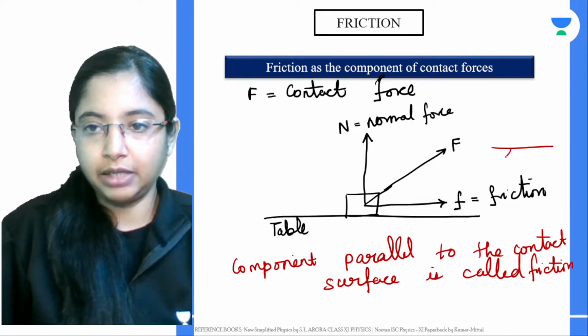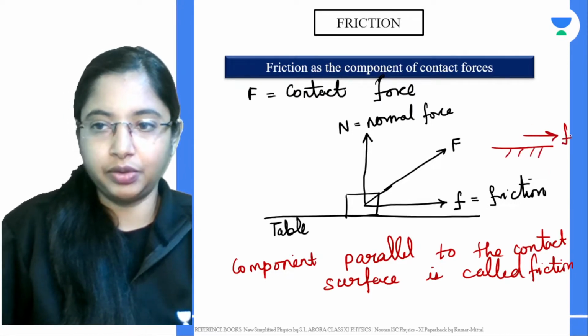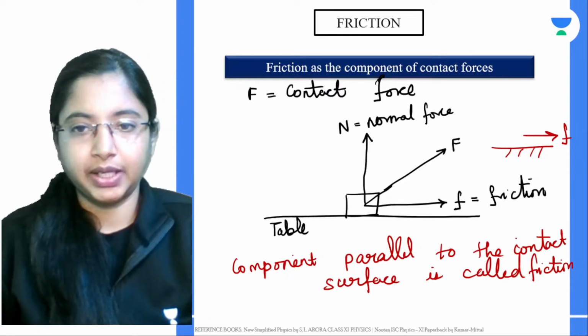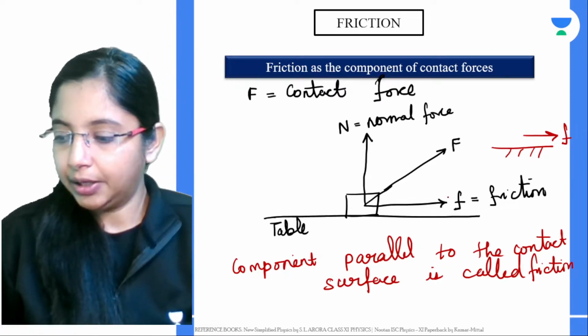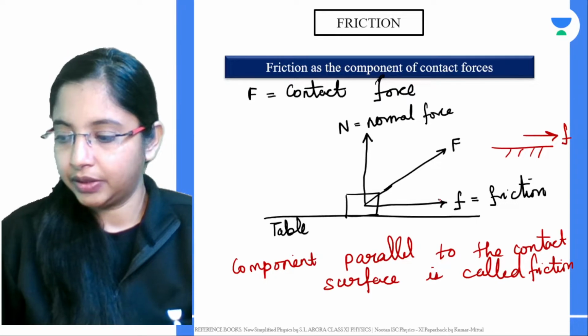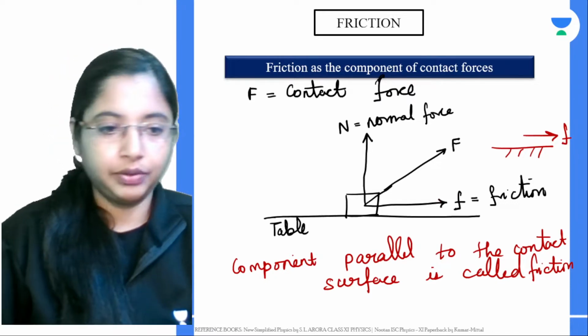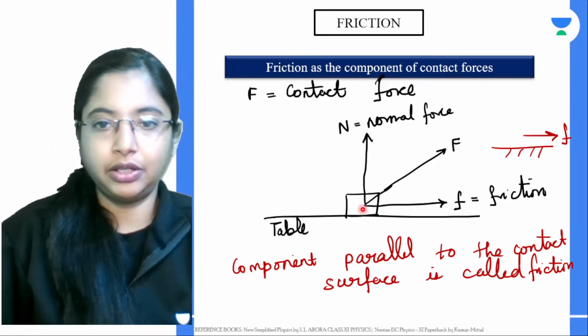So this is the table surface. This friction is a component that is going in this direction. This will be your frictional force. And again, as I told you, this is basically your normal force on the surface.